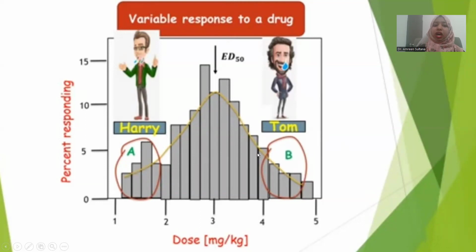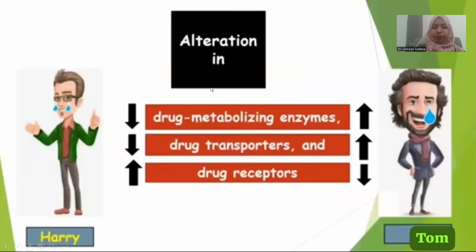Even after taking a higher dose of the drug, his blood pressure level was increasing. Why? Because there is a difference between the two patients, Harry and Tom. The difference may be due to the individuality of the patient, and for that reason the results are different.